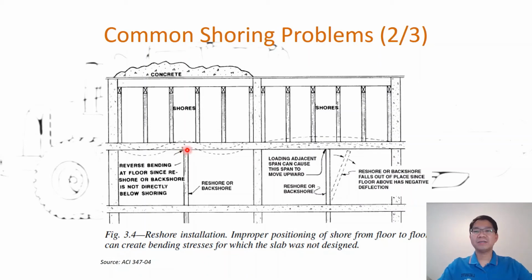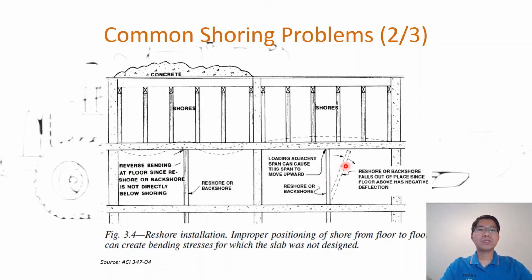In this case, the designer tends to put the rebar underneath, but if you reshore there, it will be in tension on top, and that may not be anticipated during the design. So how do we solve the problem? We need to reshore underneath the shore system so that we will not create any additional load or change the way the structure works compared to what the designer modeled. So that is the first one.